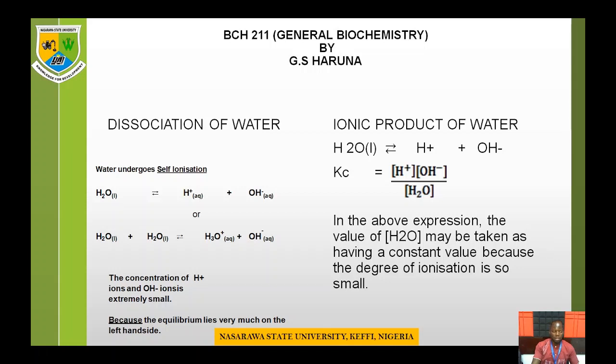What that means is that the hydrogen ions and hydroxy ions produced during the ionization of water are very small, such that it is by taking the ionization constant that one will be able to effectively determine the presence of such ions.